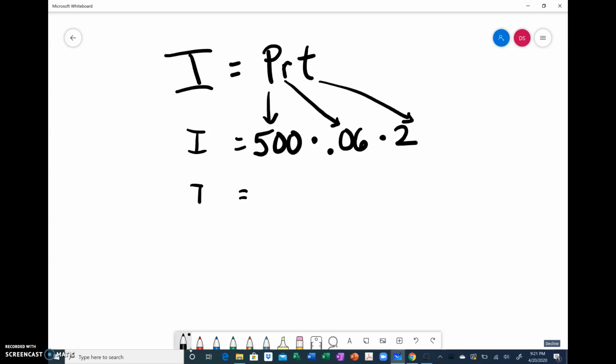So the interest will be $60. If I have deposited $500 into an account and it's still sitting there after 2 years, the interest would be added to it, and the new balance, the amount I would have in the bank, would be $560.